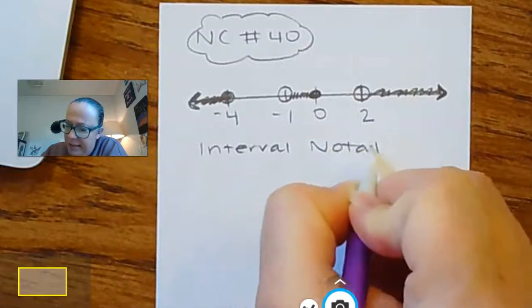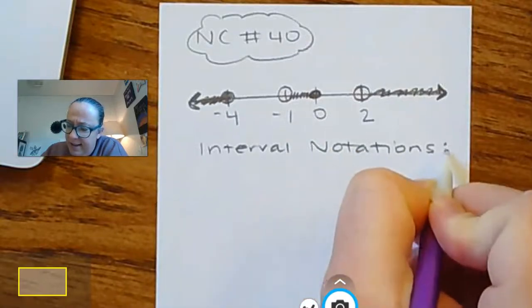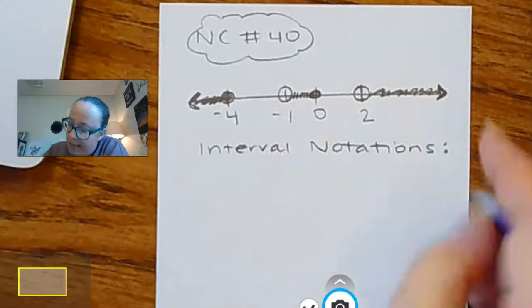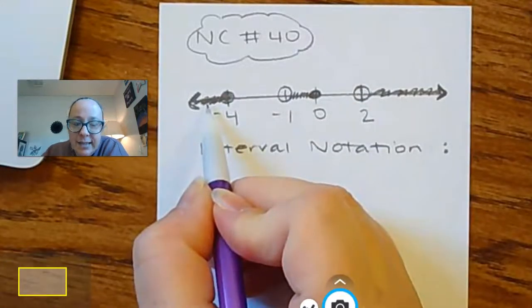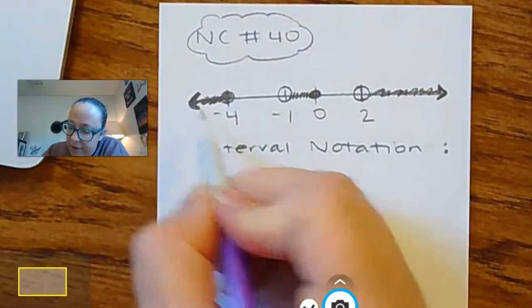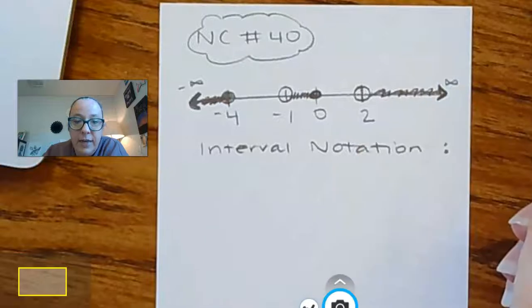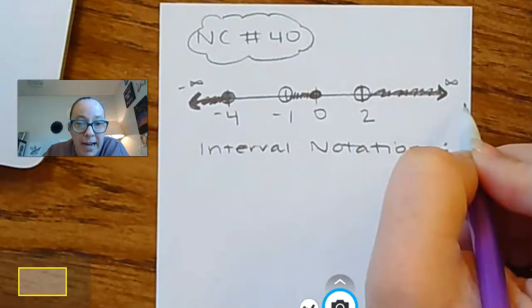And we're not going to do this one in inequality notation. This is really just for the interval notation purpose. All right, so let's start with the leftmost set, and you start on the left. And that would be negative infinity, because that goes on forever to the left. Over here on the right would be positive infinity. That goes on forever to the right.